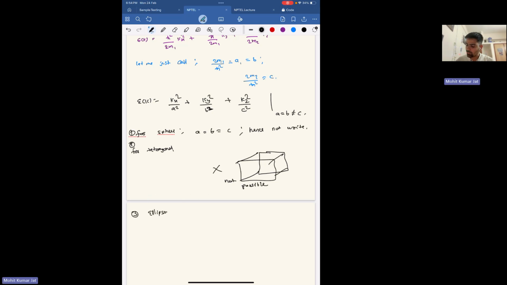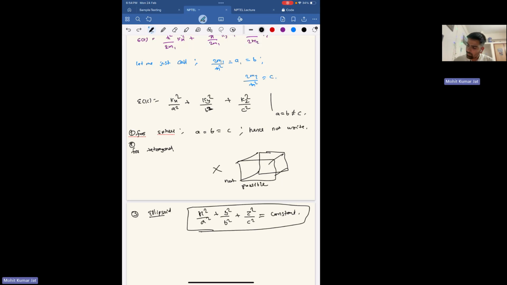Ellipsoid equation is x square by a square plus y square by b square plus z square by c square is equal to some constant. So this is ellipsoid.